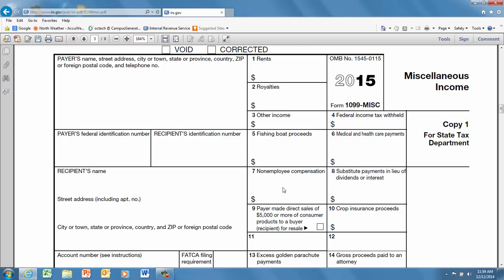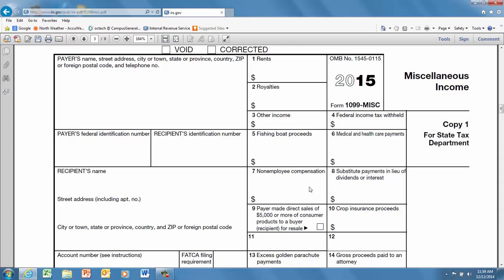Then we're going to use Box 7, non-employee compensation, and we would fill out the total amount that we gave to them. If they had requested it, we would have had to withhold taxes from how much we gave to them, federal income taxes, and so that would go in Box 4.